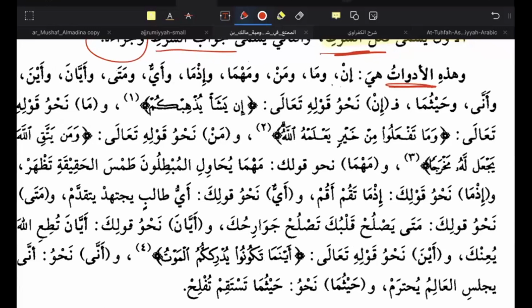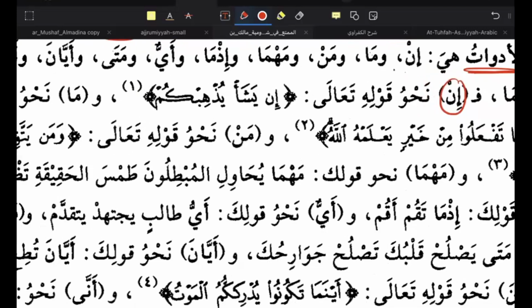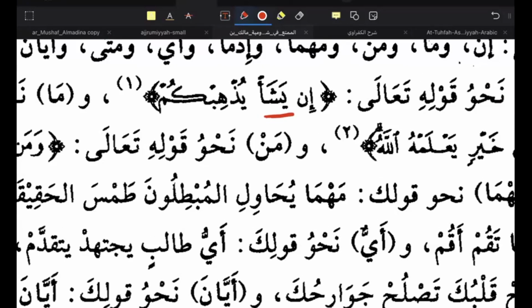So he started with إن. فَإِن نحو, for the إن example, قوله تعالى, where Allah says, إِن يَشَأْ يُذْهِبْكُمْ. So the first verb is called فعل الشرط, the shart verb.